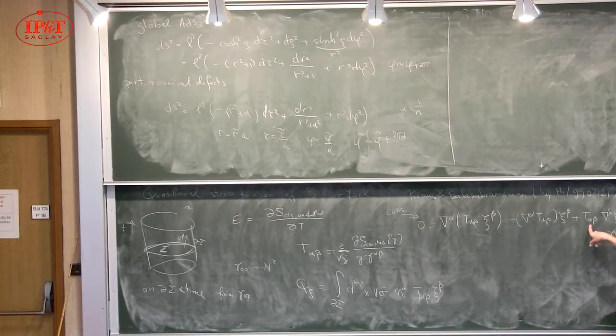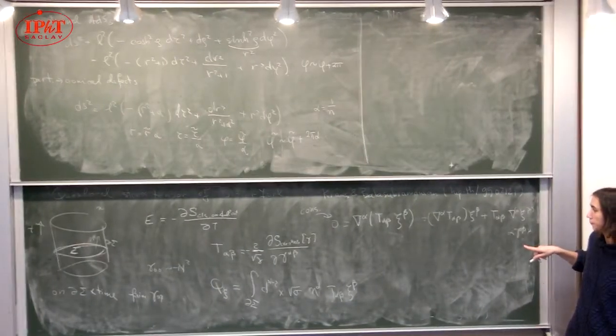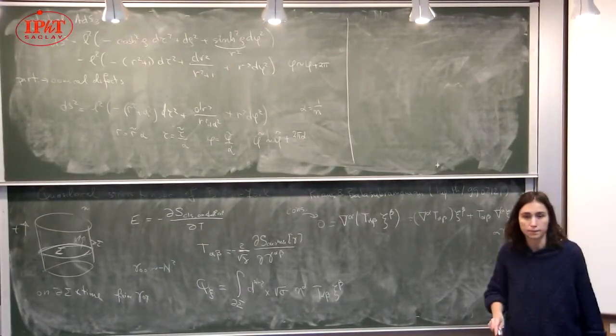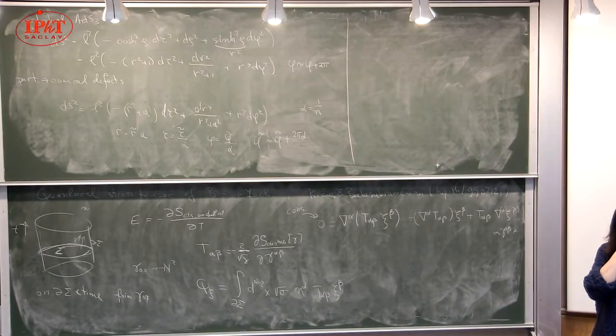And this will give you the trace of the stress tensor, and this will still be conserved. So this is generally conserved for T symmetric and Xi a Killing vector of the boundary. But if T is traceless, then it's enough for it to be a conformal Killing vector of the boundary. Okay, good. The conservation of the stress tensor.